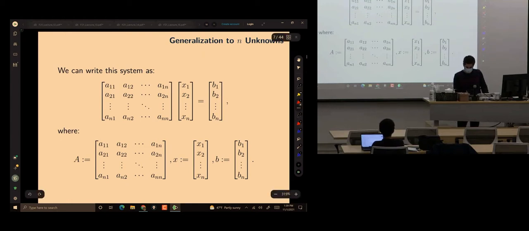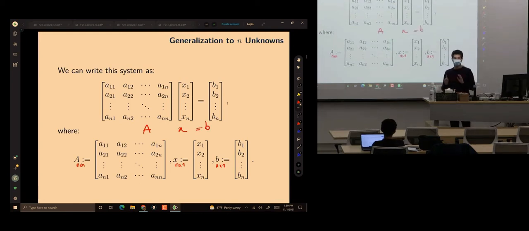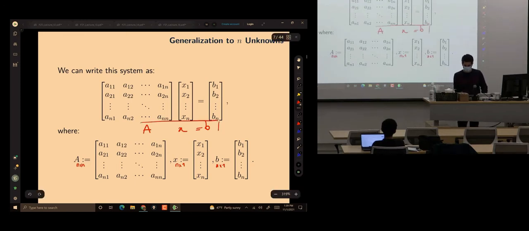That leads to a matrix of coefficients A, an n-vector x in which we stack our variables, and an n-vector b, which is the right-hand side of the equation. So Ax equals b. You practiced this in homework: given equations, write them in matrix form. Then we learned this compact notation.